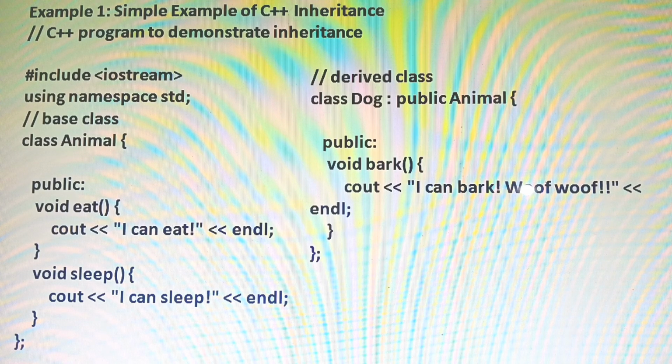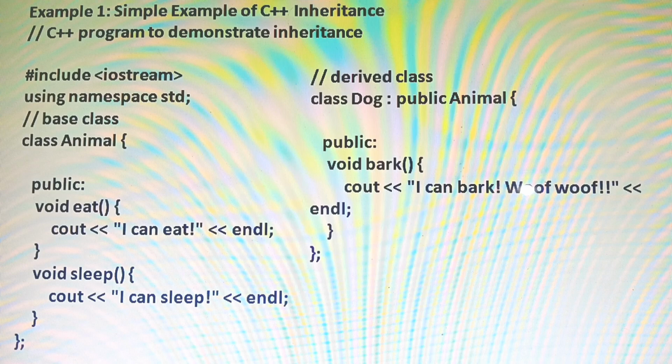Then we can give the derived class its own functions too, public bark. Once the access specifier is public, only then can we access them outside the class.